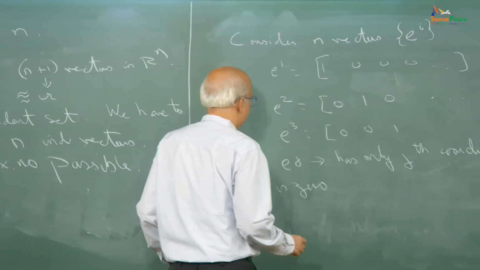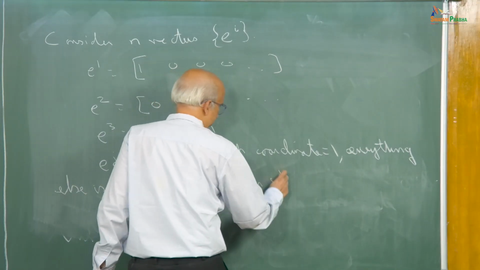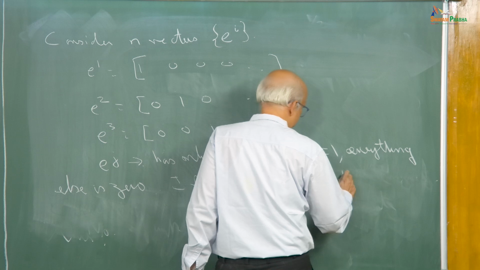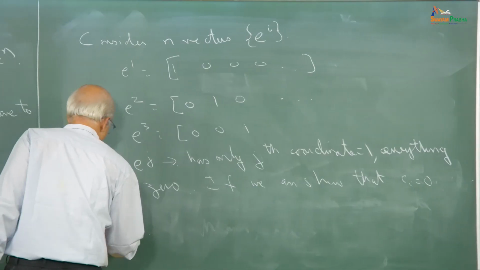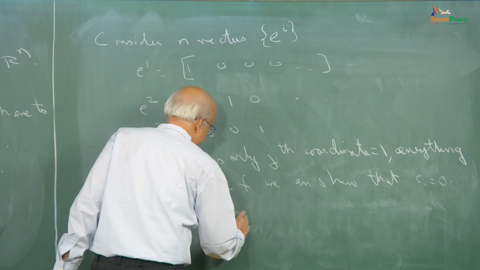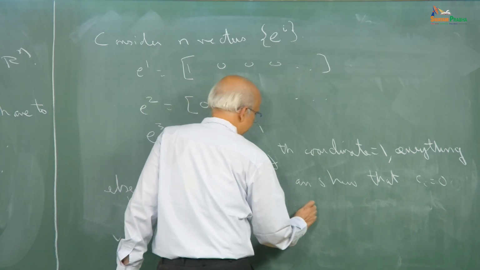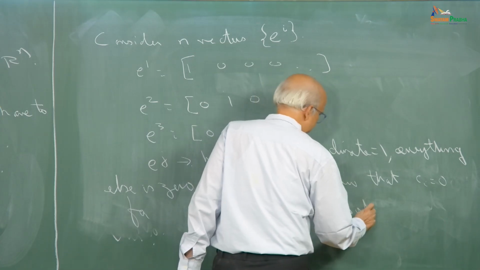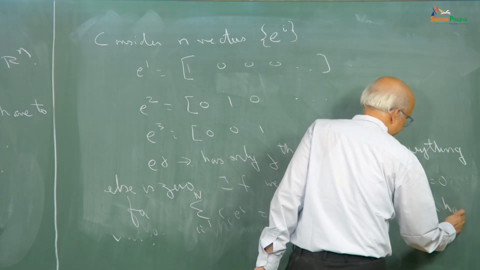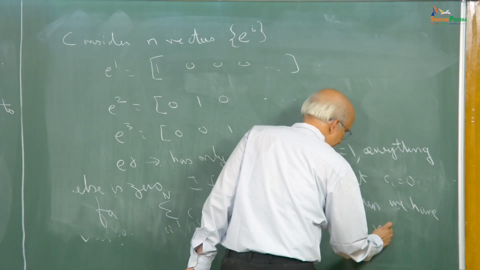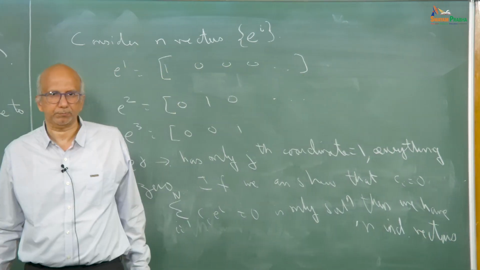So, if we can show that Ci equal to 0 for sigma Ci Ei, i equals 1 through n, is the only solution, then we have n independent vectors.